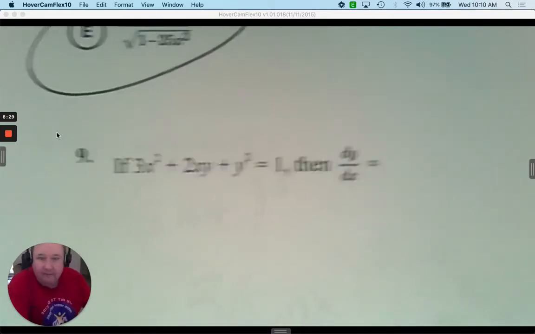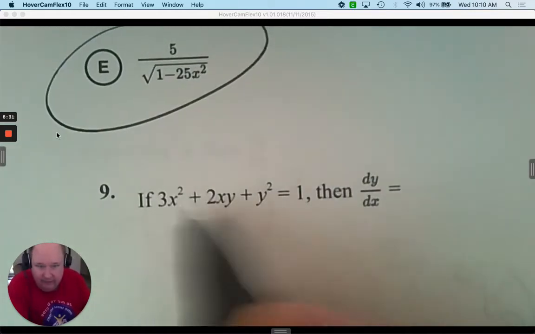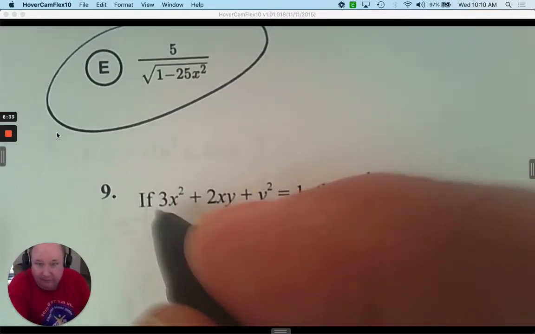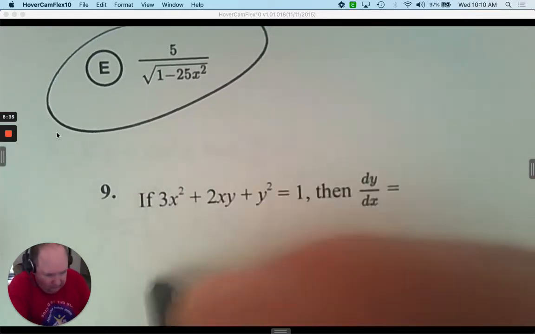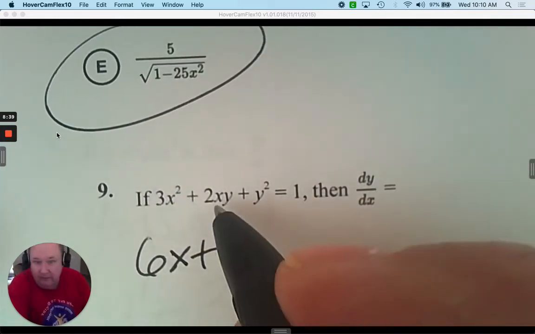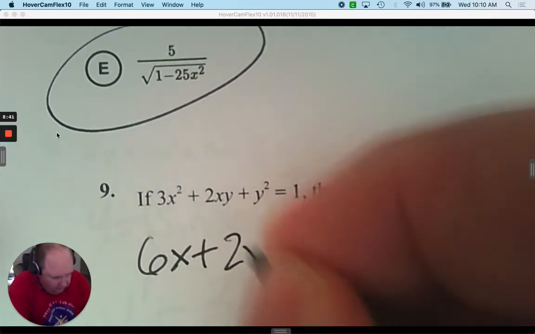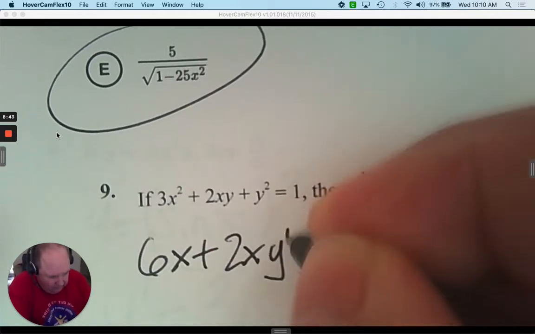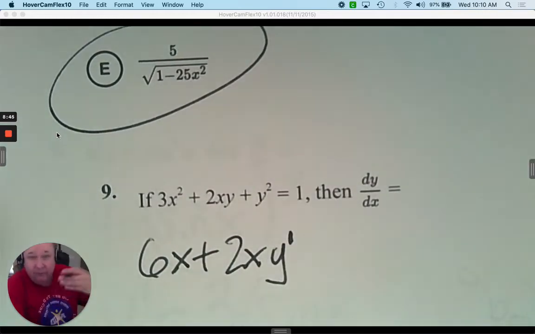Number 9. Can you take the derivative implicitly? So the derivative of 3x squared, 2 times 3 is 6, subtract 1 from the exponent. This is going to be a product rule: the first times the derivative of the second. Whenever you're taking the derivative with a y in it, it needs the hook y prime.